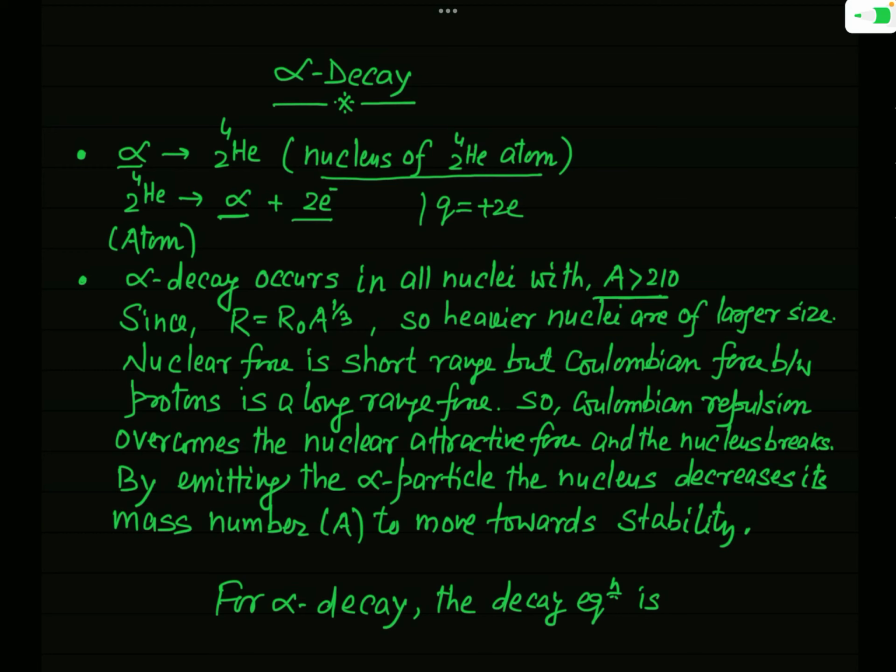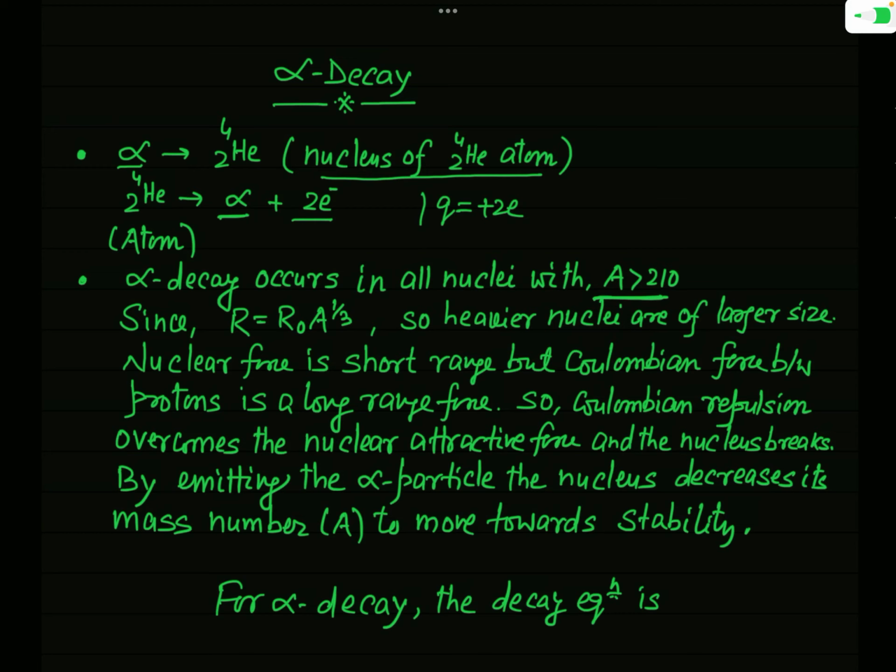But the question arises, why does a nucleus which has a larger mass number, or the nuclei which are heavier, suffer alpha decay? Why does this decay process take place only in the nuclei having a larger mass number, particularly greater than 210? First of all, we should know it.